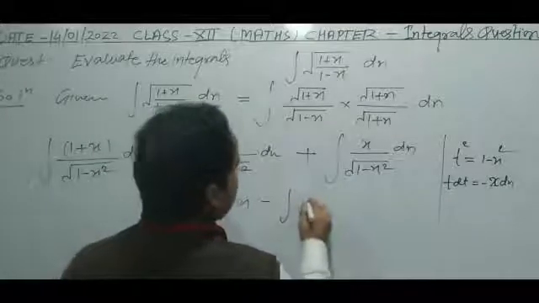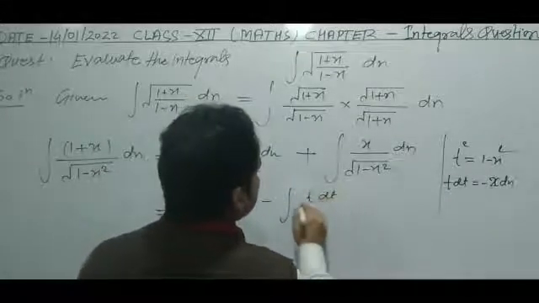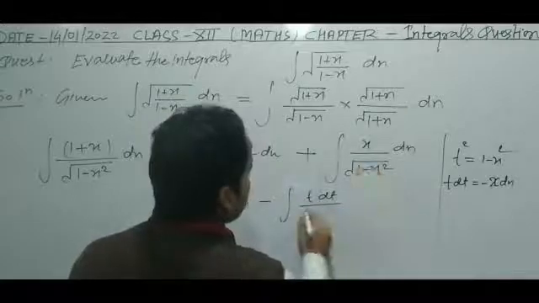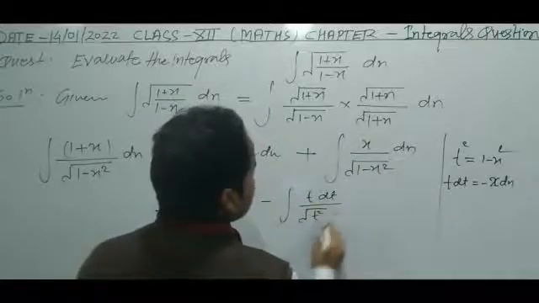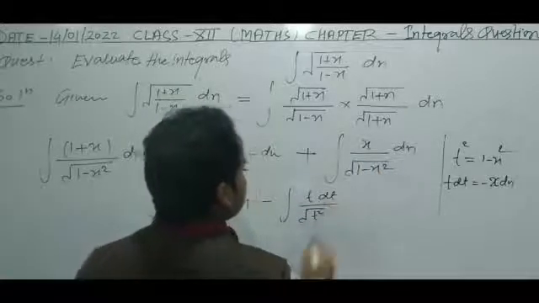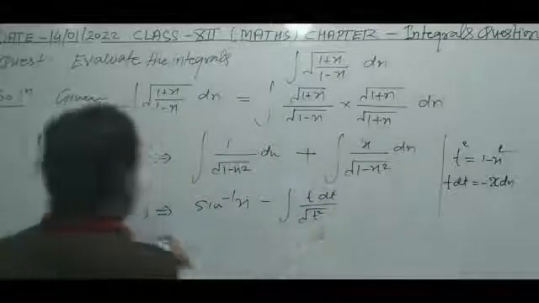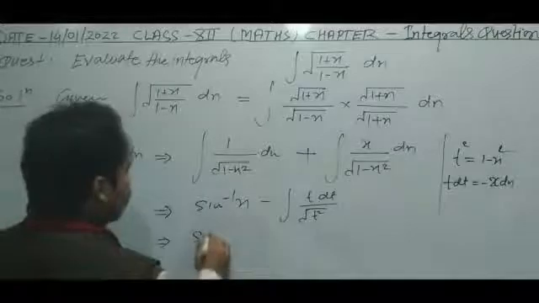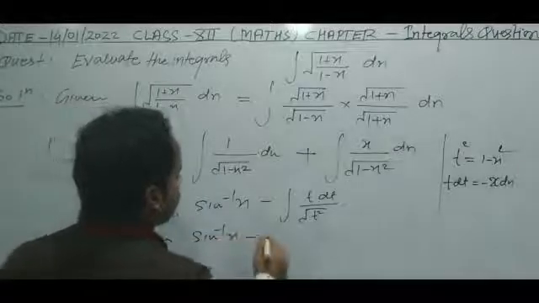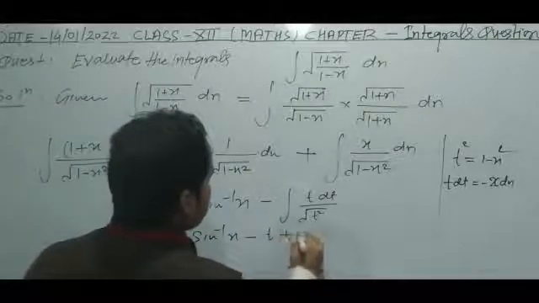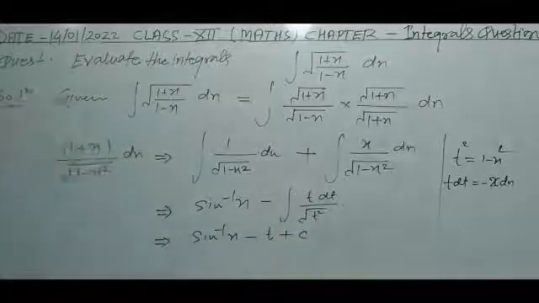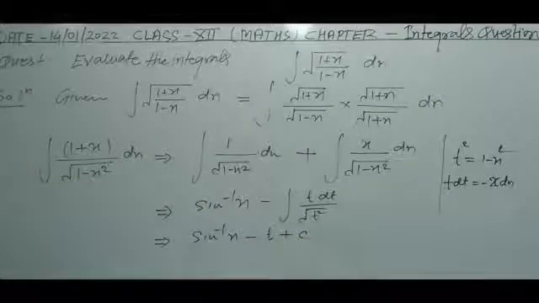Integration of t dt whole upon t square. Now this will be 1 dt, and the integral of 1 dt is t. So sine inverse x minus t plus c, and the t value is root over 1 minus x square.